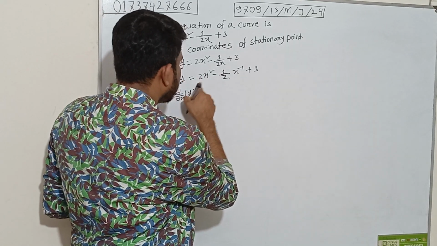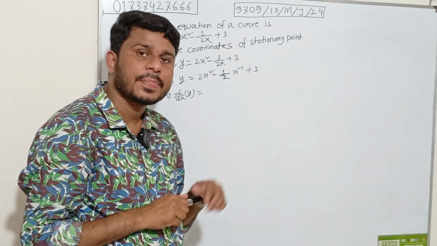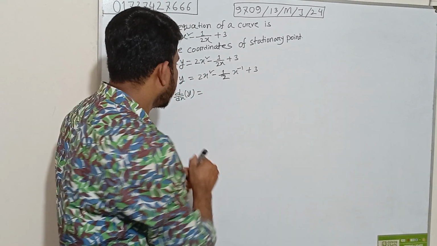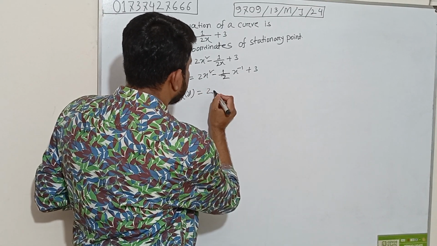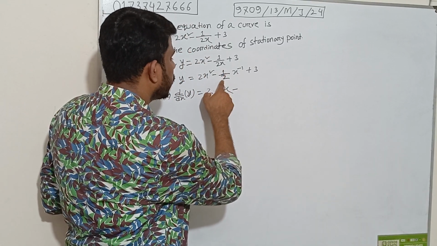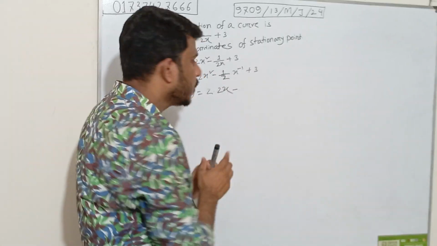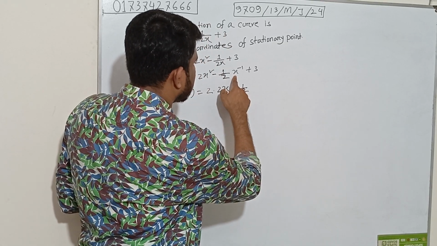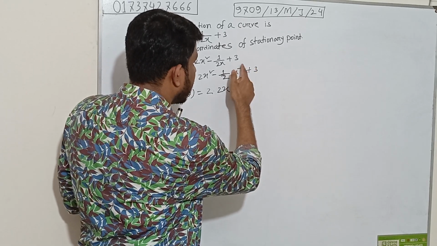So this is 2 and this is x². Since x² is a variable and 2 is a constant, when a constant and a variable are multiplied together, the constant is just copied. If we differentiate x², it will be 2x. Then minus half multiplied with x to the power minus 1. The half is just a constant, so we copy it, and for x to the power n, here n is minus 1.